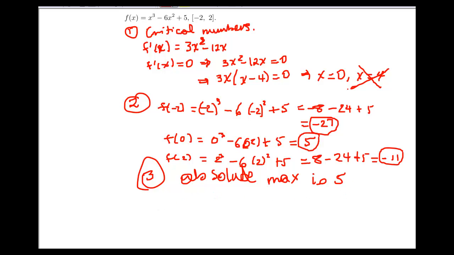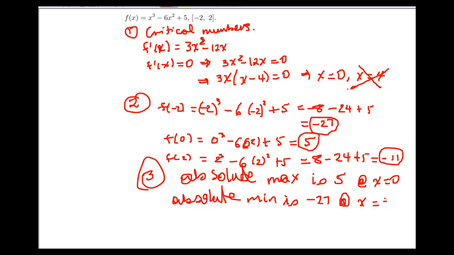Sometimes we're not interested in where it is, but it is at x equals 0. And the absolute minimum is -27 at x equals -2. So that's the absolute minimum, and that's the absolute maximum.